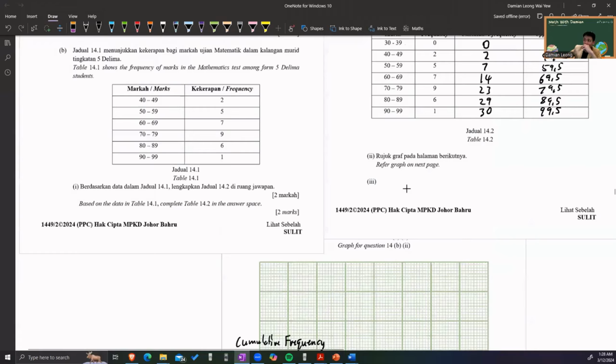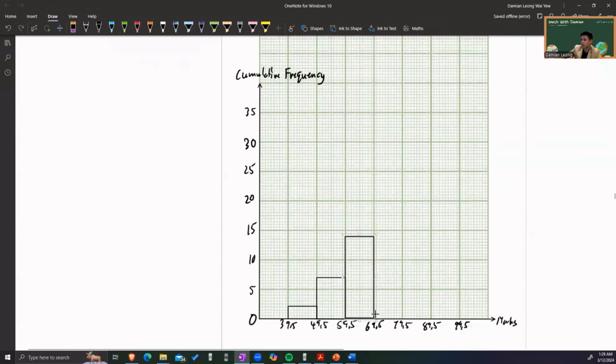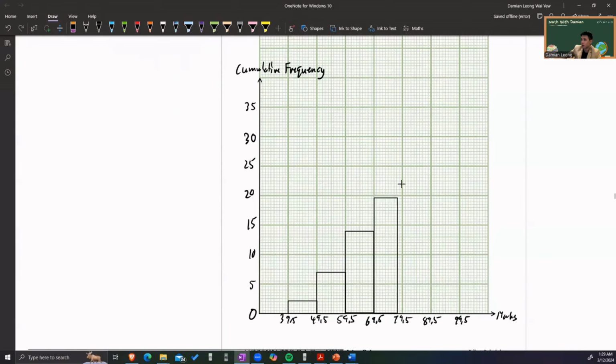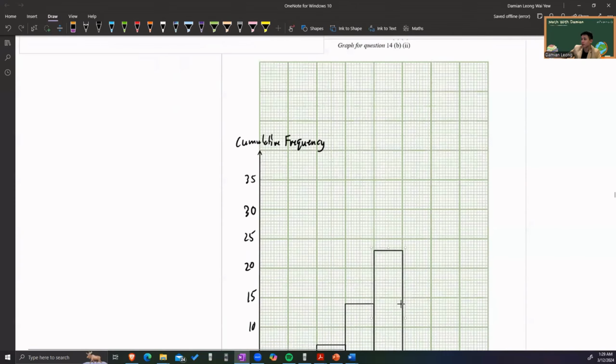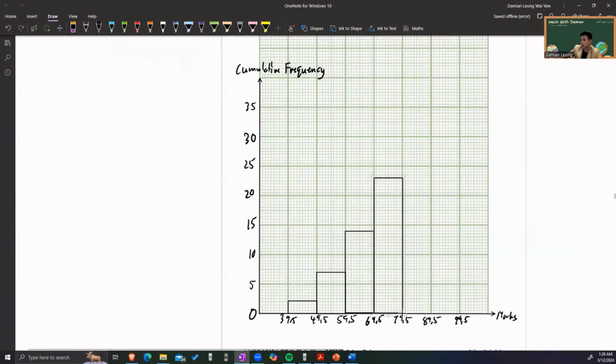Then we have 23, 24 here, 23 here, 29, and 30. So 29 is 2 small boxes below 30, and this one goes up exactly to 30. Yeah, this is the cumulative histogram.